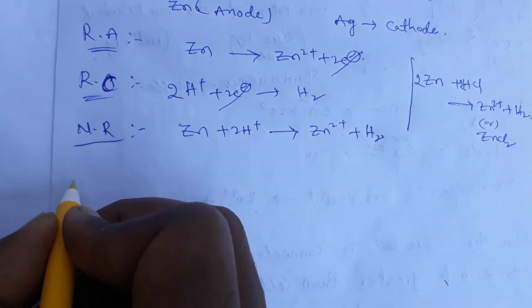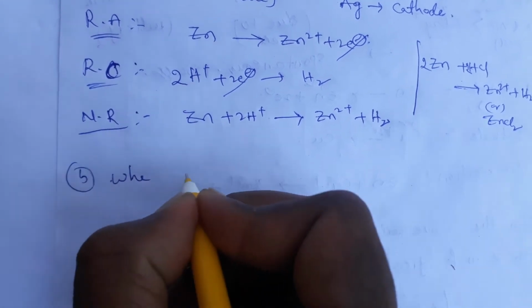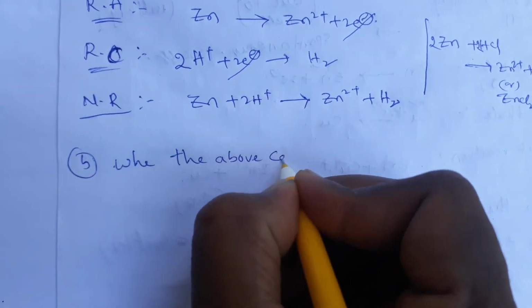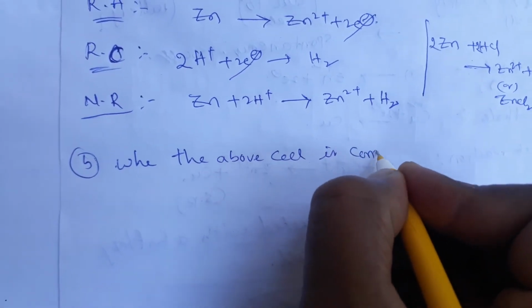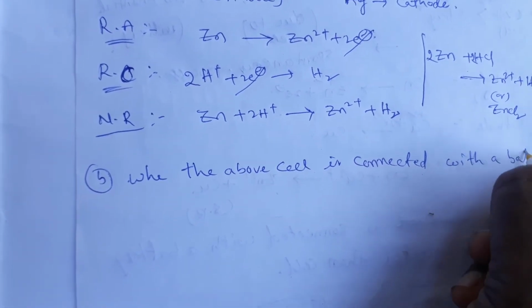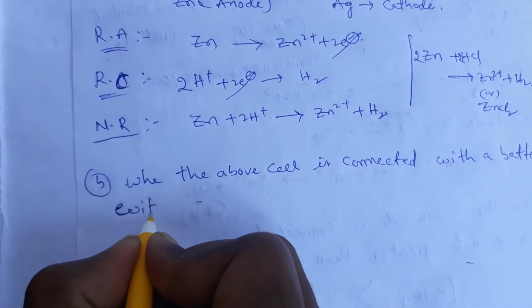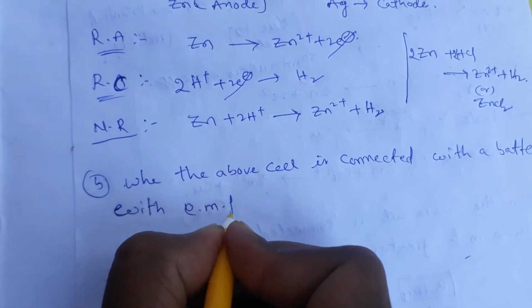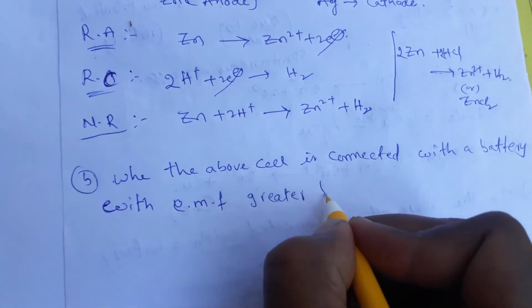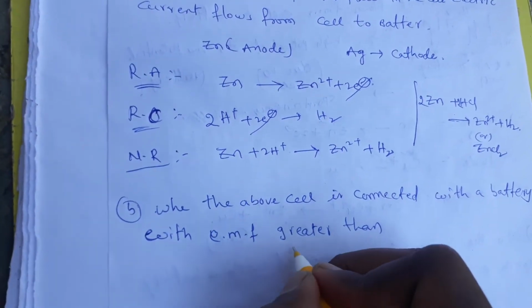Next thing is the second case, when the above cell is connected with a battery with EMF, electromotive force, greater than X volts. Here underline this one: here it is less than, and here it is greater than.